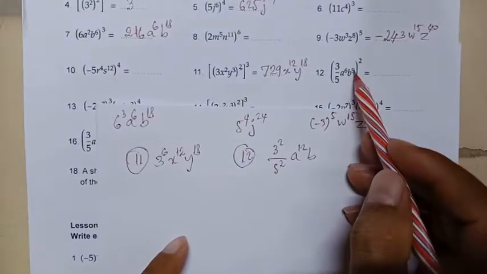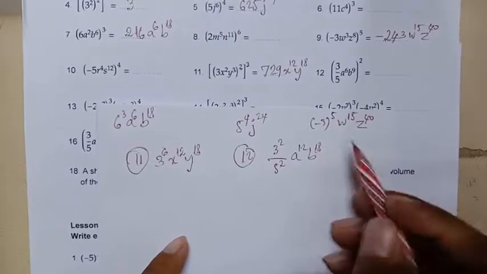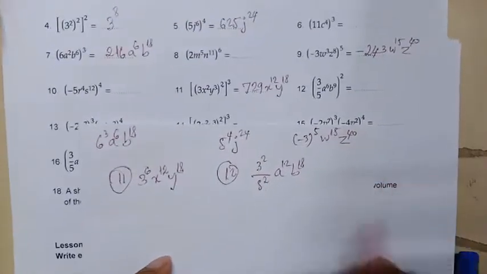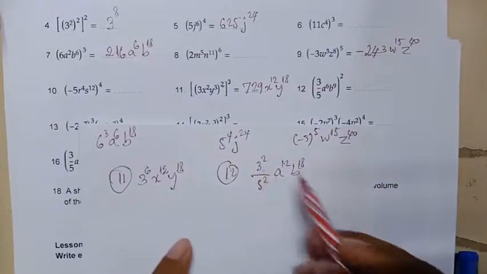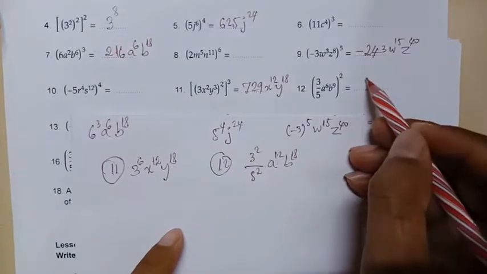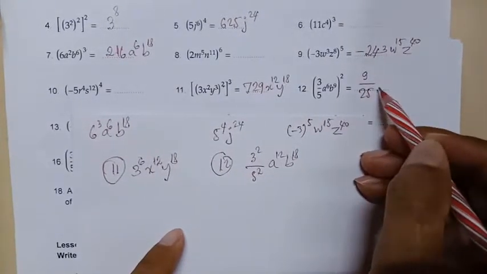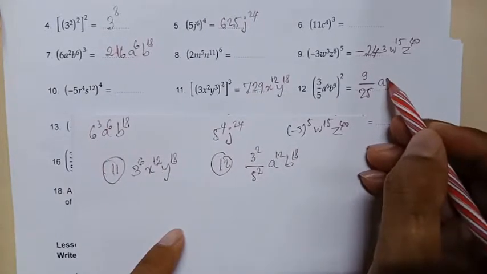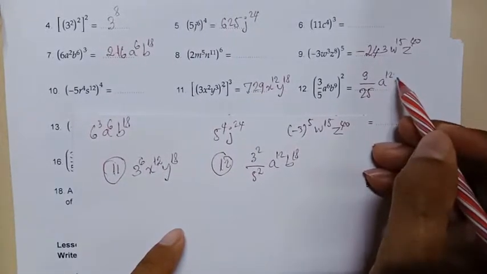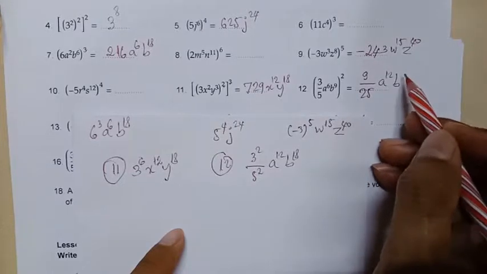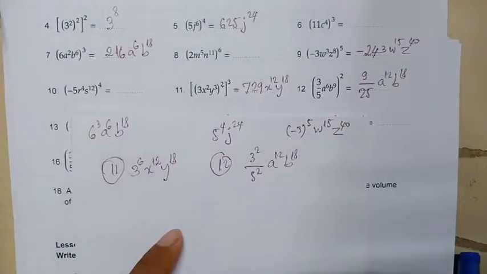B, 9 times 2, 18. So let's work on this coefficient. 3 squared is 9, 5 squared is 25, and then a raised to 12, b raised to 18.